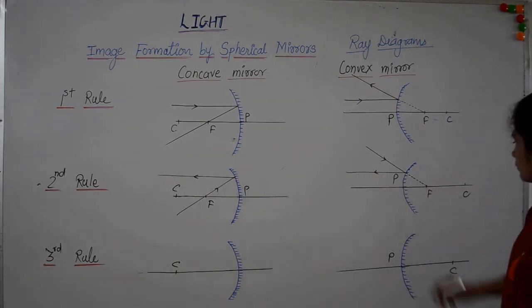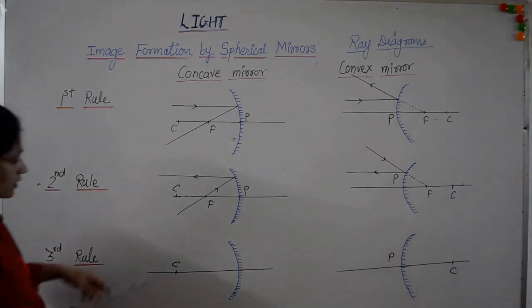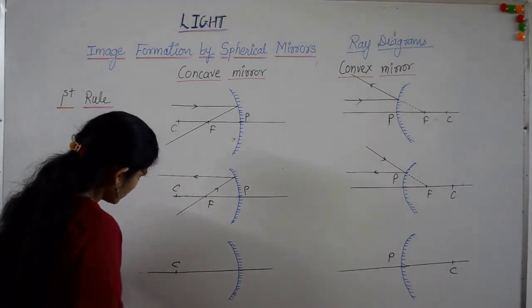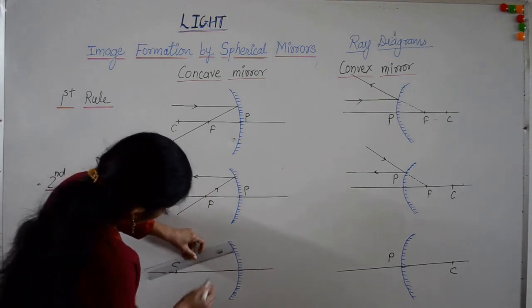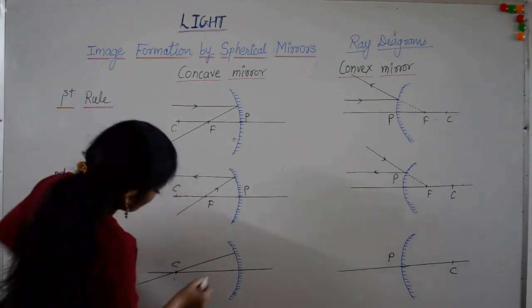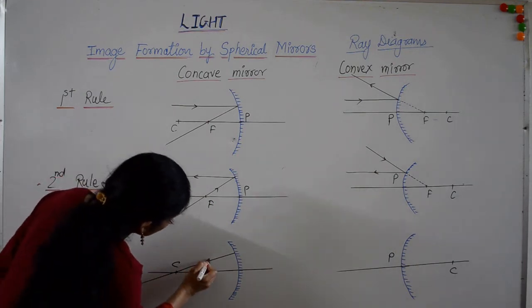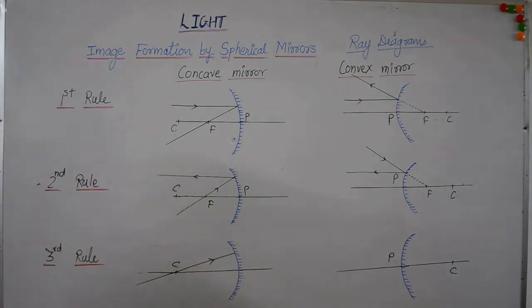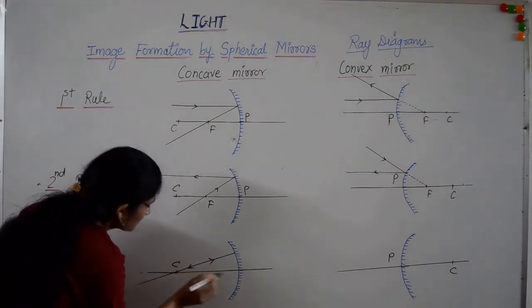Center of curvature and focus. The third rule is that if the incident ray passes through the center of curvature, then the reflected ray traces the same path.